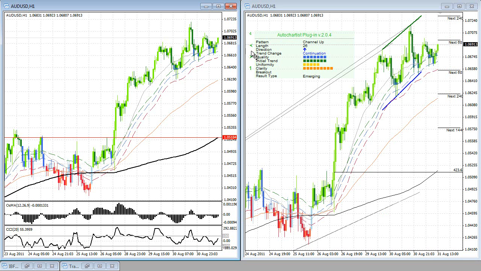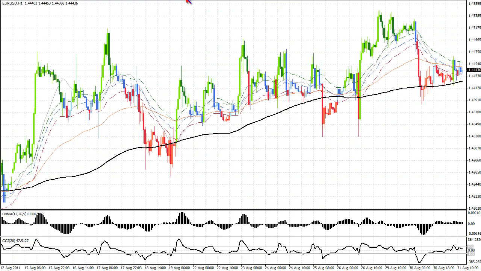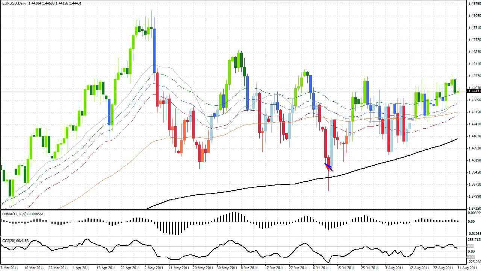Alright, so let me show you what's happened since with that Euro US dollar chart. It was the daily time frame, and this was the fade I was talking about up here. Essentially, we've bottomed out at 43.83, which was fine.